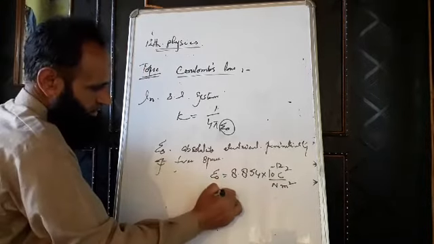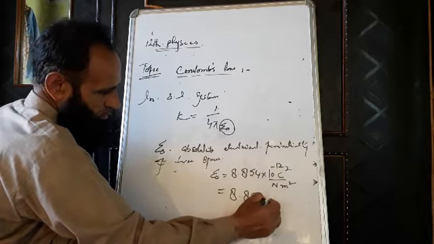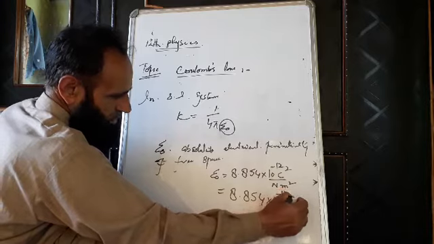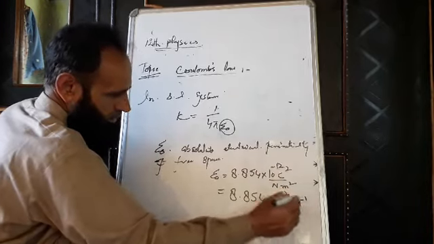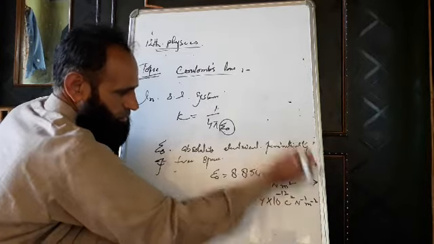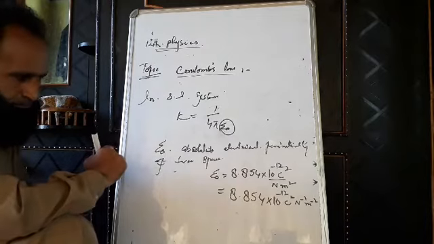Or in other words, we can write it as 8.854 into 10 raised to power minus 12 coulomb square newton inverse meter minus 2. This is the value of epsilon naught.